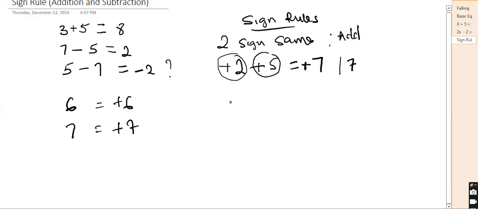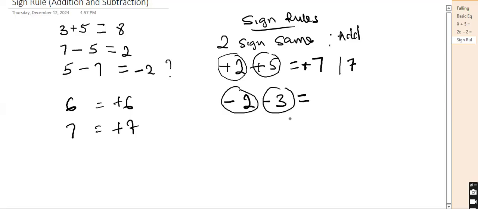So let's take a look at another one. For example, I have minus 2 minus 3. The signs are exactly the same. So what do I do? I add, and I put the sign of the larger number at the answer, because the signs are the same. This means minus 2 and minus 3.